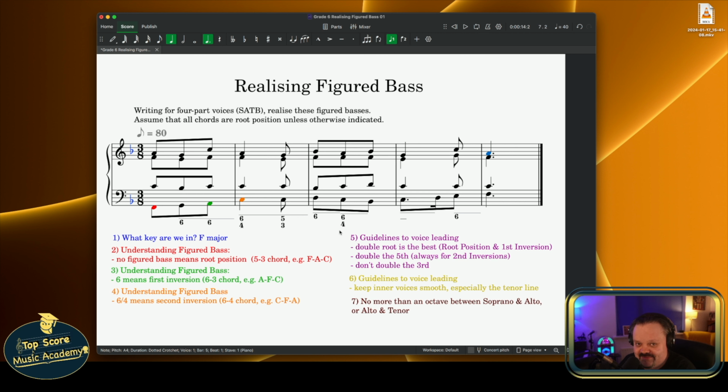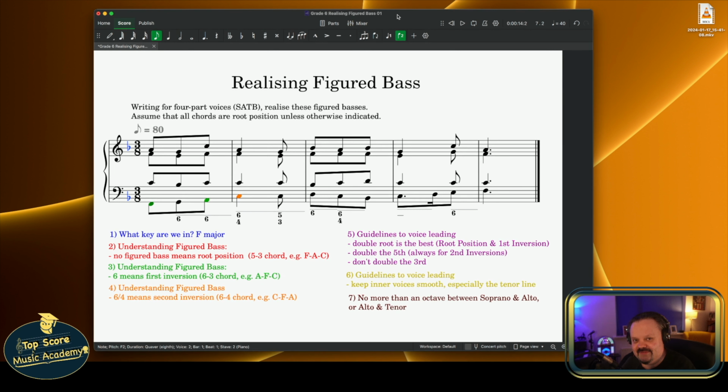So whatever bass they've given you, you have to keep that. So let's hear the whole thing to get an idea what it sounds like. We'll start from the beginning. It's not bad.